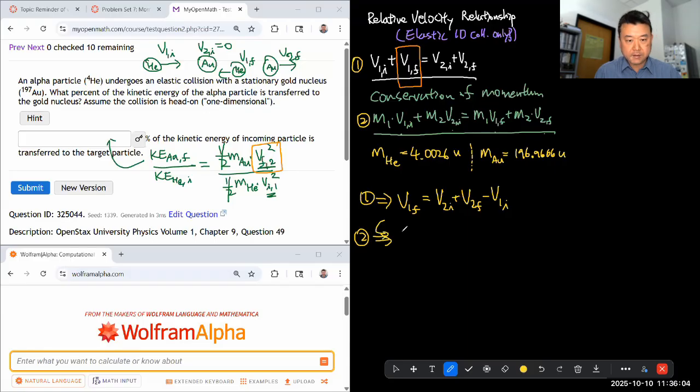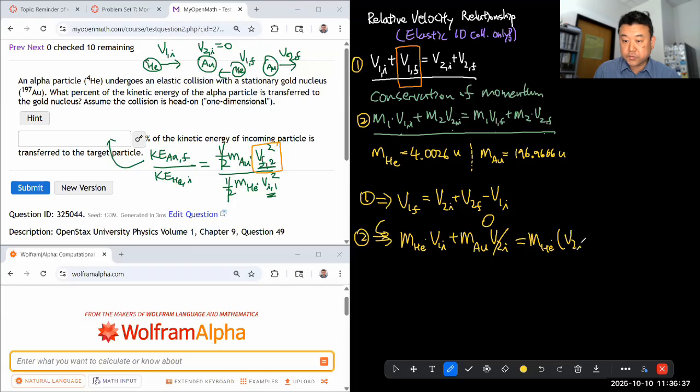Plug that into the conservation of momentum equation, then I get M1, let me write it out as mass of the helium particle, times, I'll keep V1 initial as it is, plus M2, that's going to be mass of the gold particle. Oh, but V2 initial is 0. So this will be 0, or let me do it properly, V2 initial, which will be 0. So this simplifies my expression somewhat. And I have mass of the helium times, now I use this expression instead of V1 final.